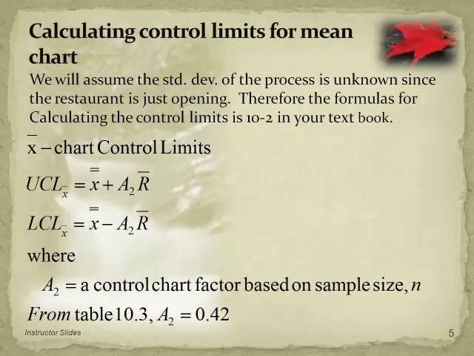So we go down the row to 7, read over to the column under A2, and the value that appears for that row and column is 0.42. Then we multiply that times R bar. The lower control limit is the same calculation, except we have a minus A2 and R bar.